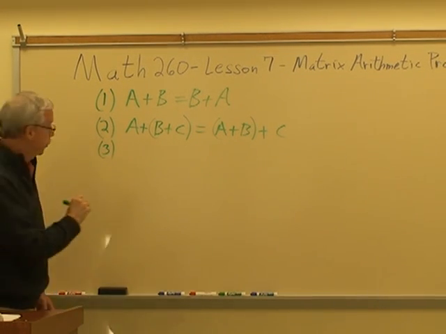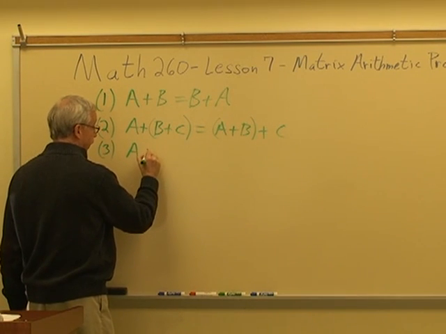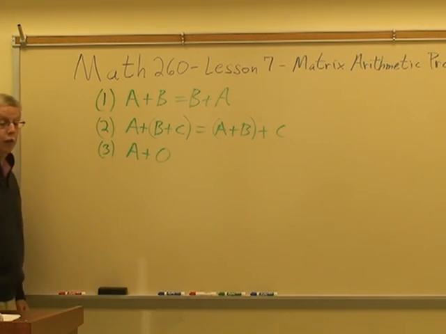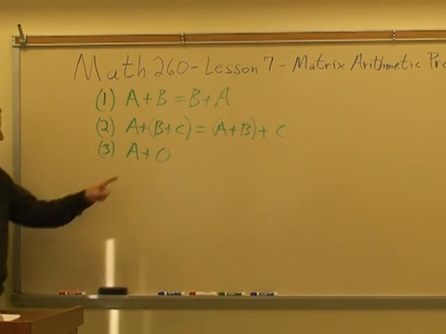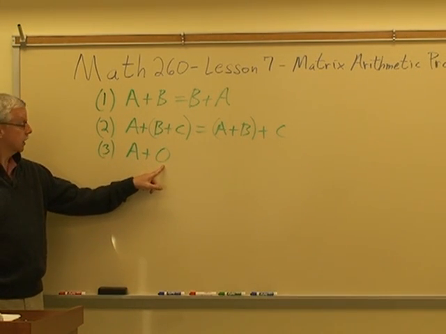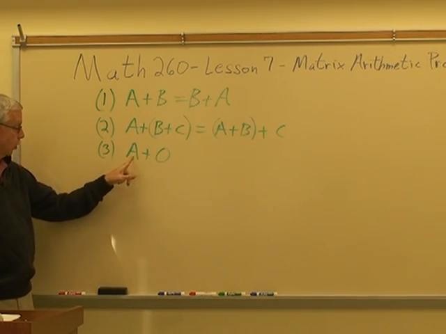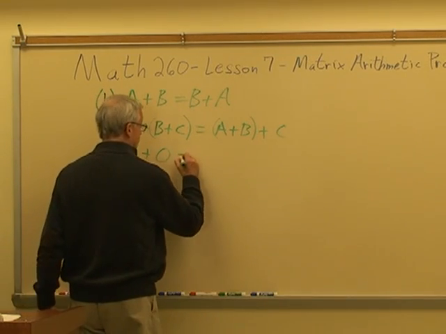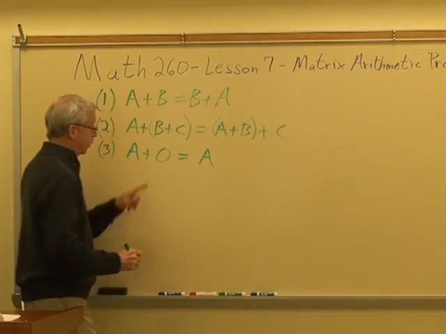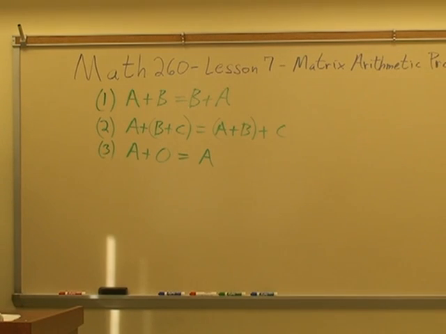Property 3: if I take the matrix A and add the zero matrix of the same size, that is, again not the number 0, but a matrix of the same size where all the elements are 0, I get the matrix back. And so the zero matrix acts as the additive identity.